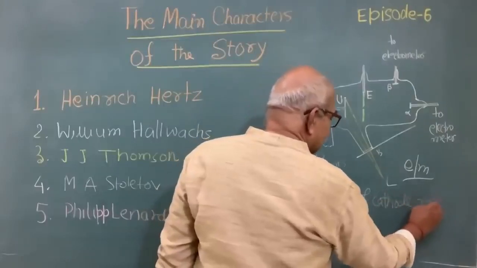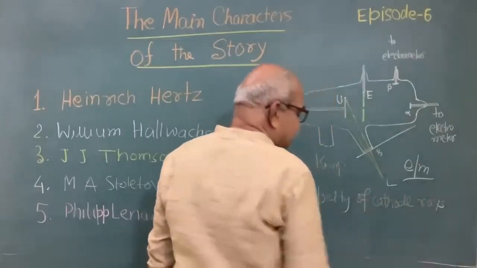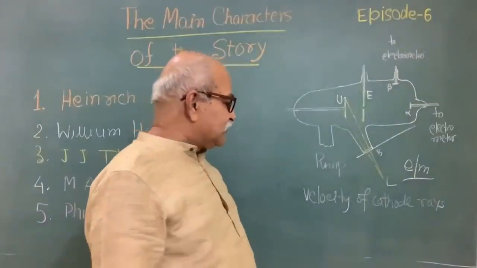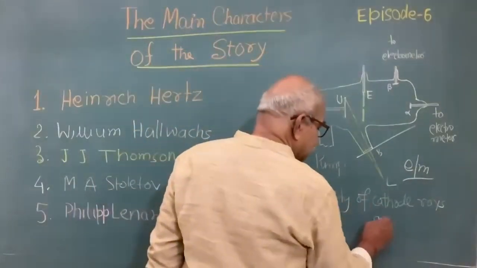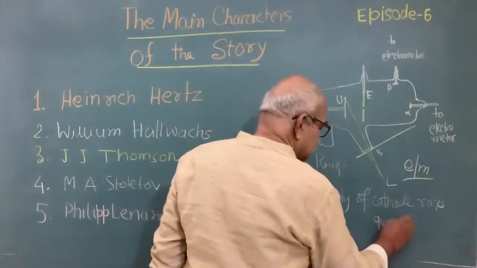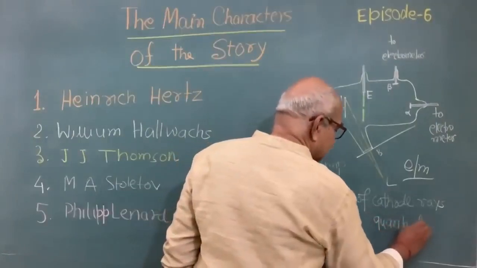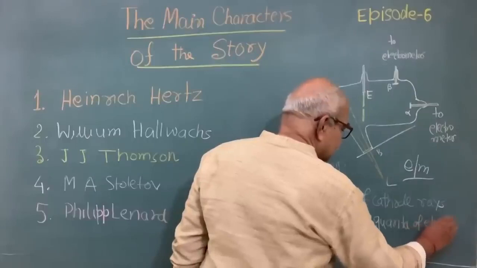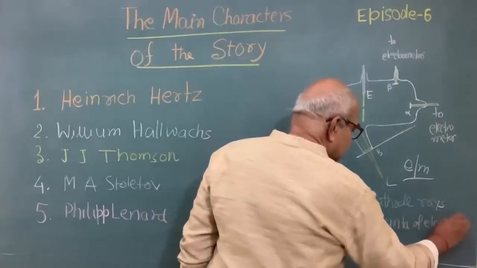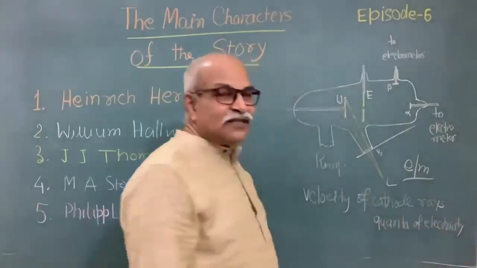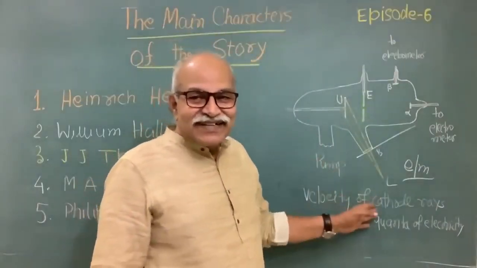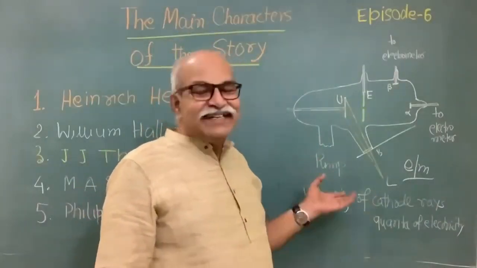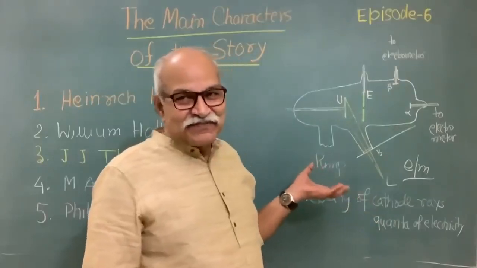I am not writing electrons. In fact Lenard uses the word quanta of electricity. Thomson uses the word corpuscles, he uses the word quanta, and finally the accepted word is electron.